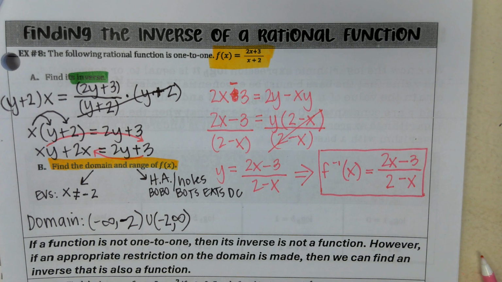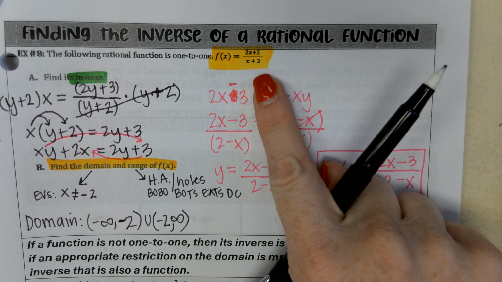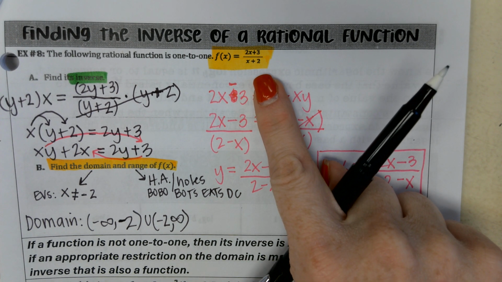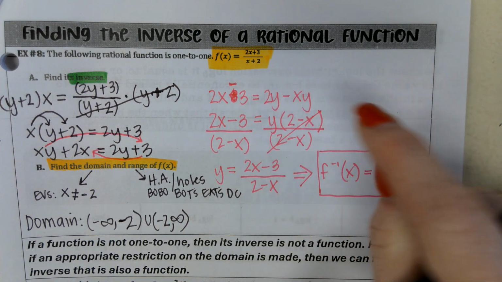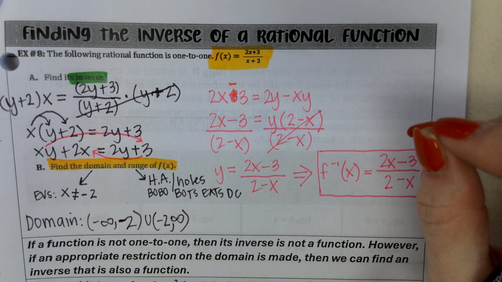Now, for my original function, was I able to factor anything out and cancel anything out? Is there a GCF or anything that I could remove from the numerator that would give me the same thing on top and bottom? No. Nothing cancels, so there's no holes.